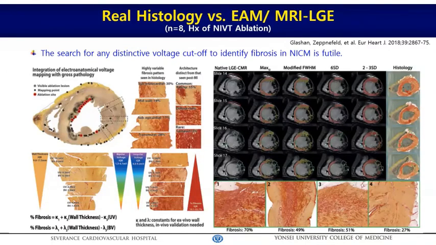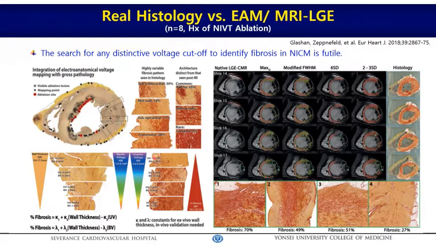However, we have to keep in mind the limitation of MRI late gadolinium enhancement to define the VT substrate. This sophisticated study compared the human heart histology and cardiac MRI and electroanatomical map in patients who underwent non-ischemic VT ablation. The authors concluded that searching for any distinctive voltage cutoff to define the fibrosis in non-ischemic VT is futile.